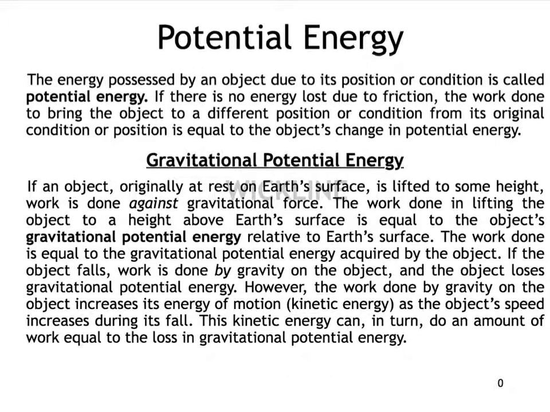Because of the gravitational force of attraction between those two objects, the more separation there is between the ground and the object, the more gravitational potential energy there would be. So in short, there's a direct relationship between the potential energy of an object and its mass or its height above the ground.